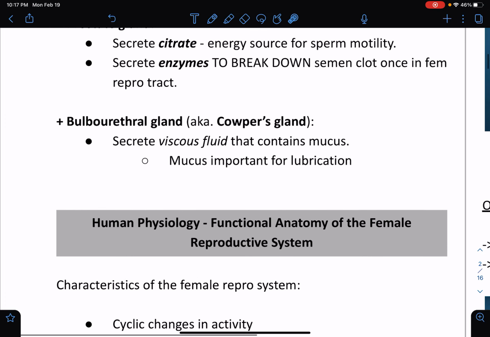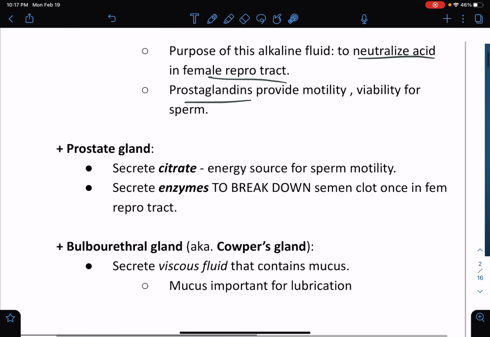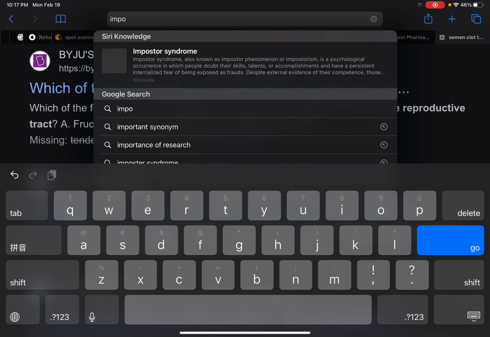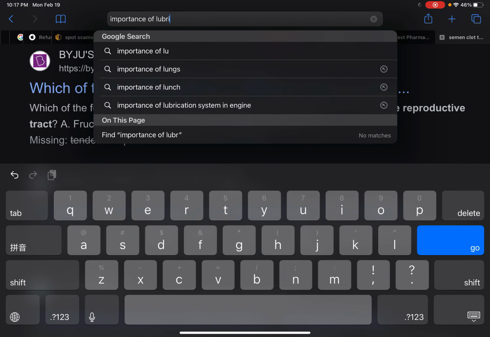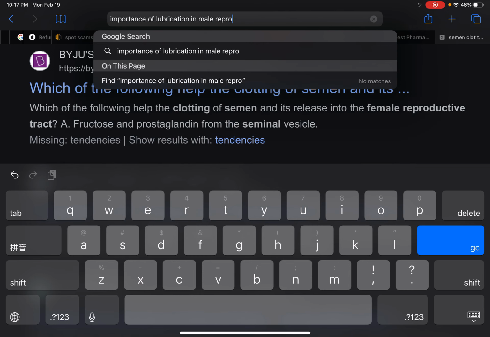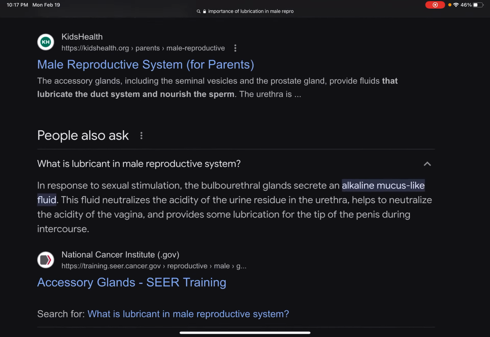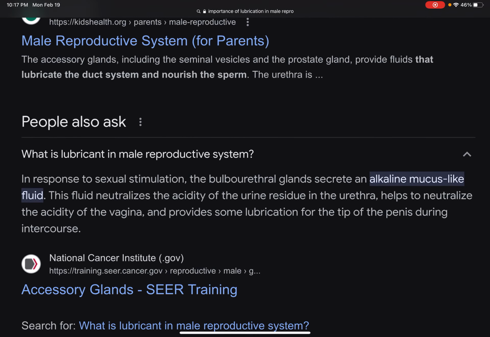So, yeah. What's the importance of lubrication in the male reproductive system? There. So that's a response. The secretion of alkaline mucus is a response to sexual stimulation.